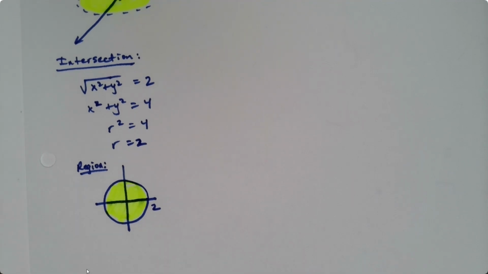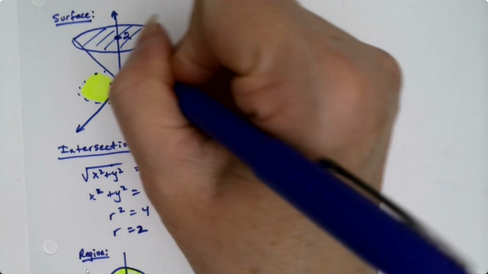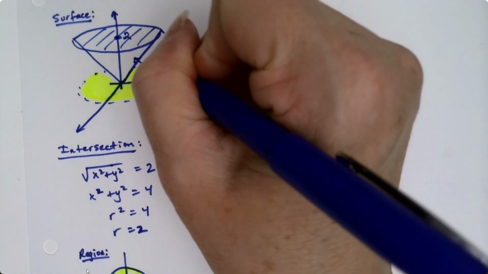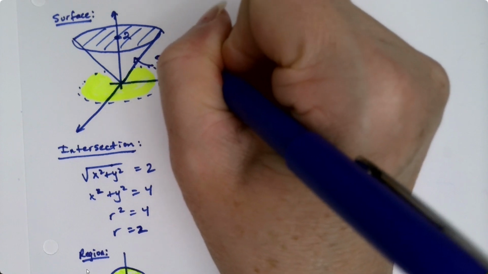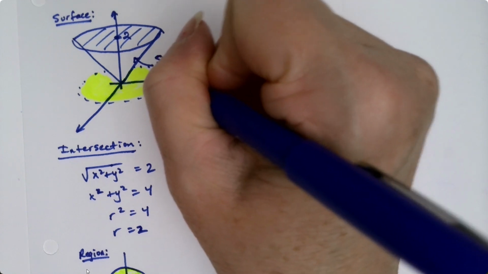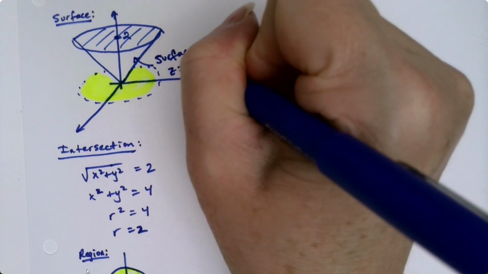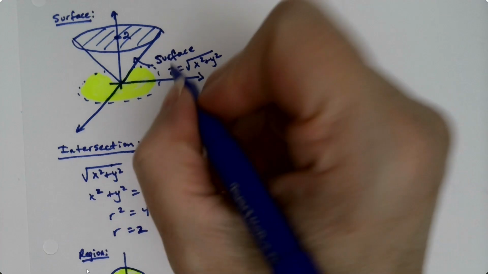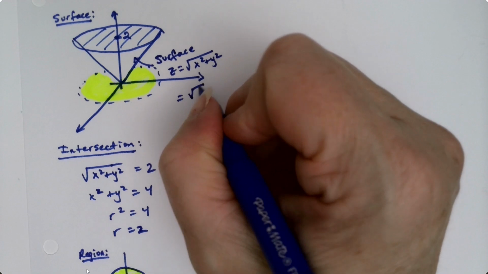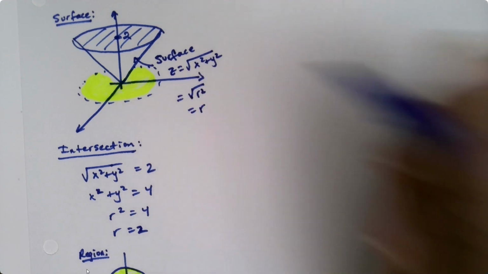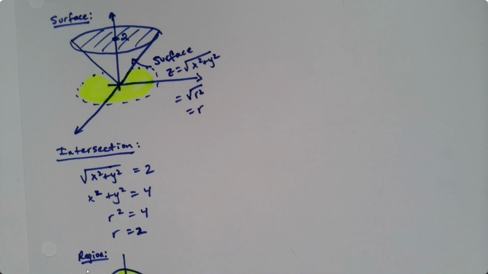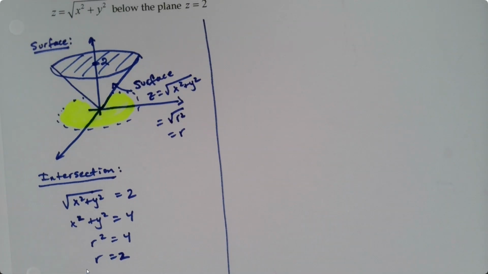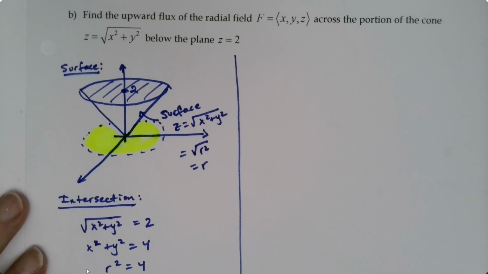So we're going to need, oh, and let me just label this surface. The surface is z equals the square root of x squared plus y squared. And if we do go polar, which we will, that's z equals the square root of r squared, which is r. All right, now let's put a line down and then let's start working on all the pieces that we're going to need to be able to find this integral.